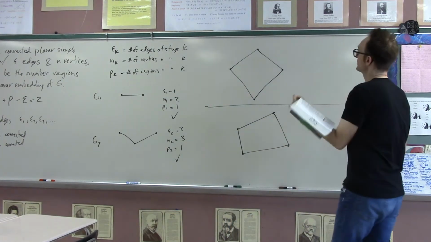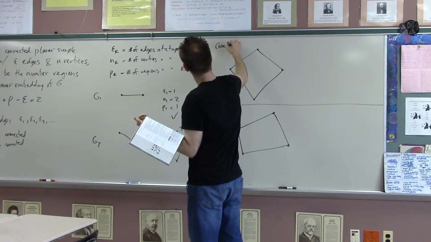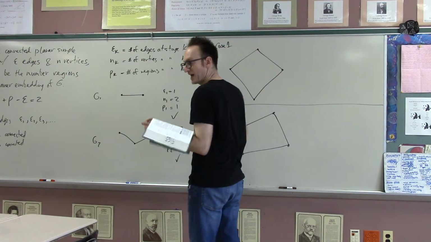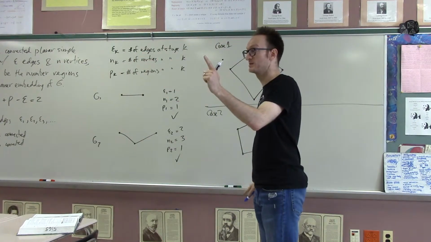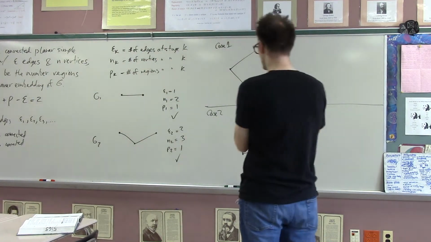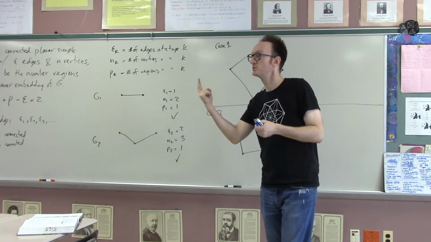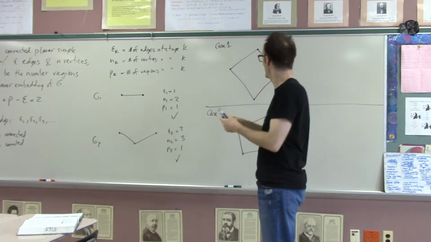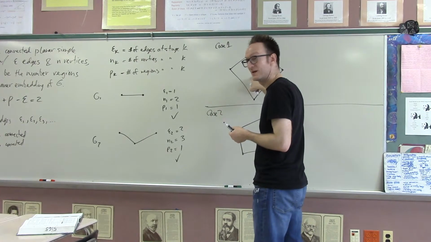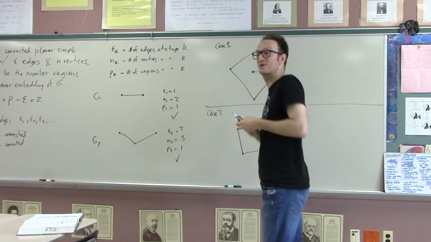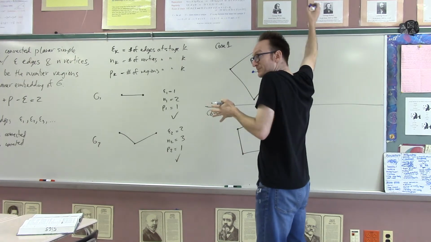Remember, at every stage we are adding an edge. There are only two ways to add an edge. One way is to make a new vertex and connect that vertex to a previous vertex.